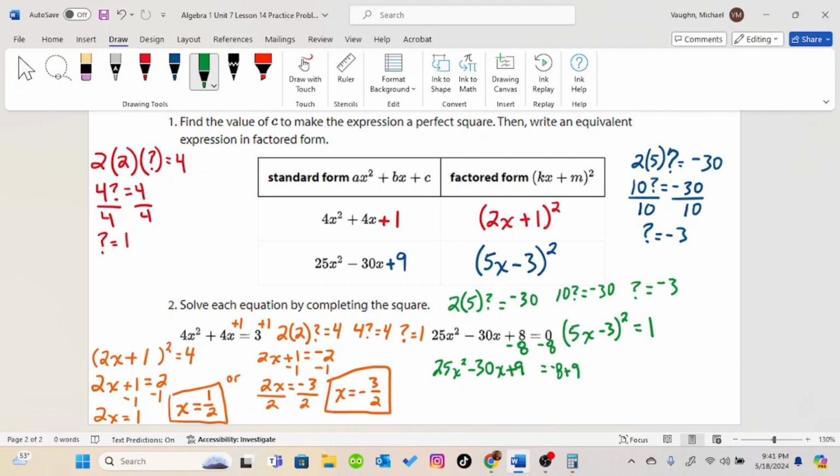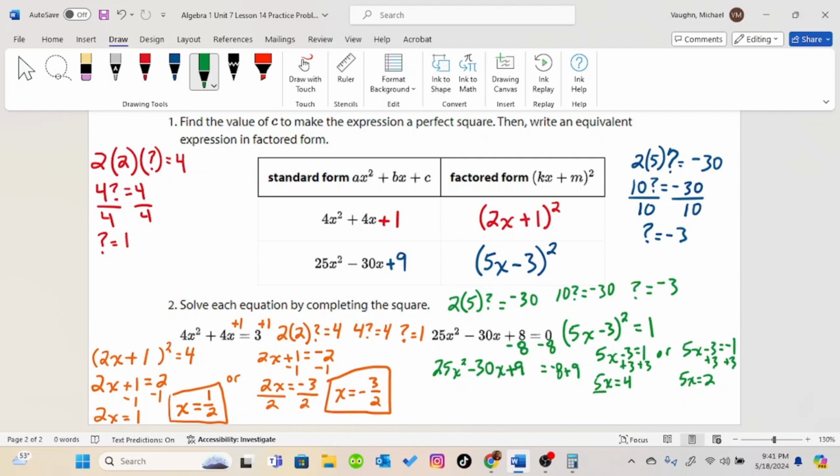So now when I take the square root of both sides, I either have 5x minus 3 equals 1, or 5x minus 3 equals -1. We would add 3 to both sides, and we would get 5x equals 4, or 5x equals 2.